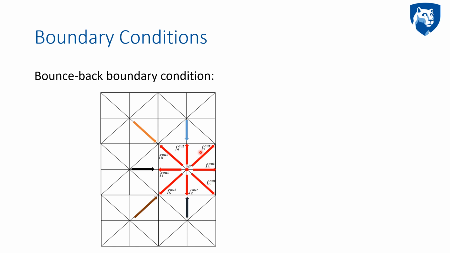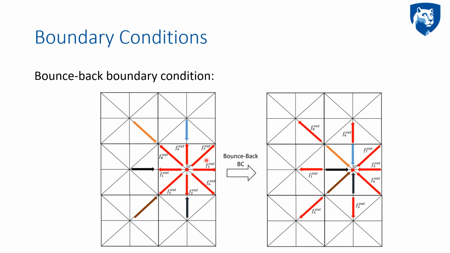How we treat these is that we say they will bounce back from the boundary to their current location. So F7, F3, and F6 are going to collide with the boundary, switch directions, and remain at the same place.